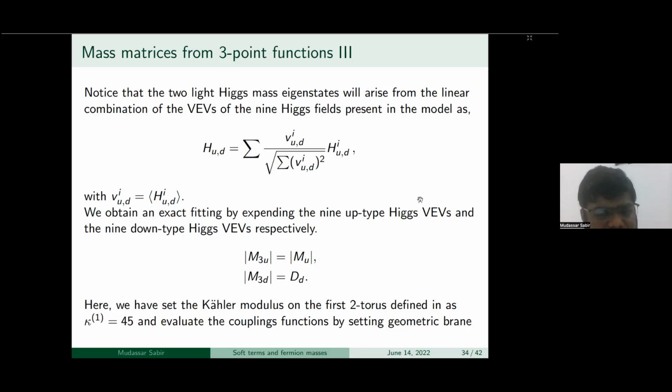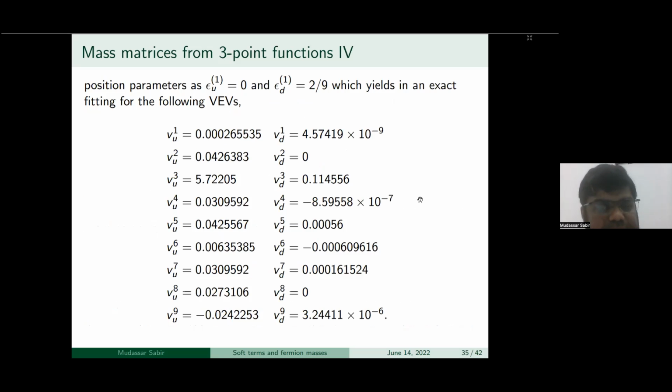So here we have set the Kähler modulus on the first two torus defined in kappa equal to 45 and evaluate the coupling functions by setting geometric brane positions as epsilon u equal to 0 and epsilon d equal to 2 over 9, which yields an exact fitting for the following values of vacuum expectation values.